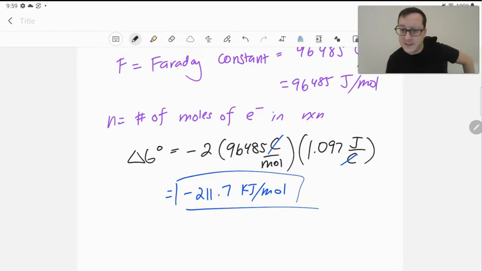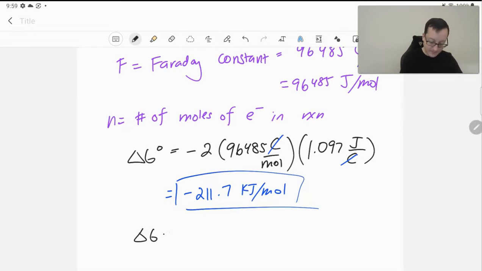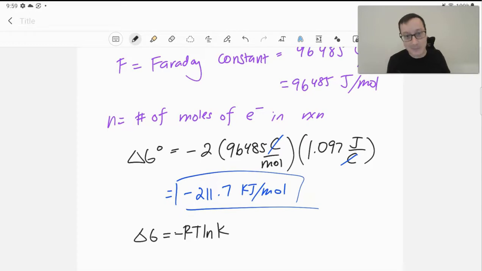But what's the purpose of delta G again? What was the whole point of doing that thermodynamics chapter? Well, we should probably remember that delta G is negative RT ln K. Yes, negative RT ln K. Remember, we can calculate our equilibrium constant by knowing the delta G. So we can calculate the equilibrium constant for this reaction as well.